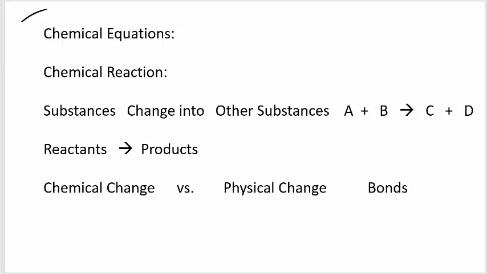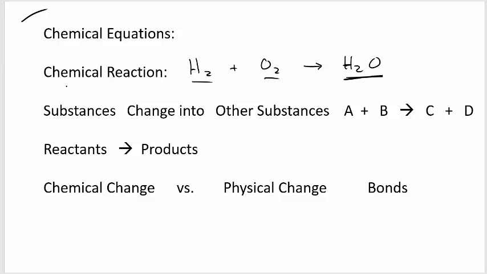Okay, so let's go through some of these terms. First of all, a chemical reaction is something that happens when you take two substances and they interact chemically. So for example, if you had hydrogen, reacted it with oxygen and formed H2O, the hydrogen and the oxygen are combining to form a new substance, which is water.